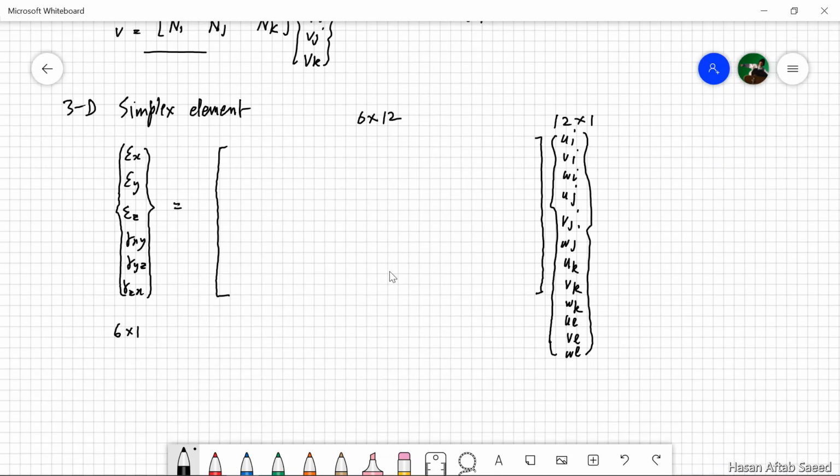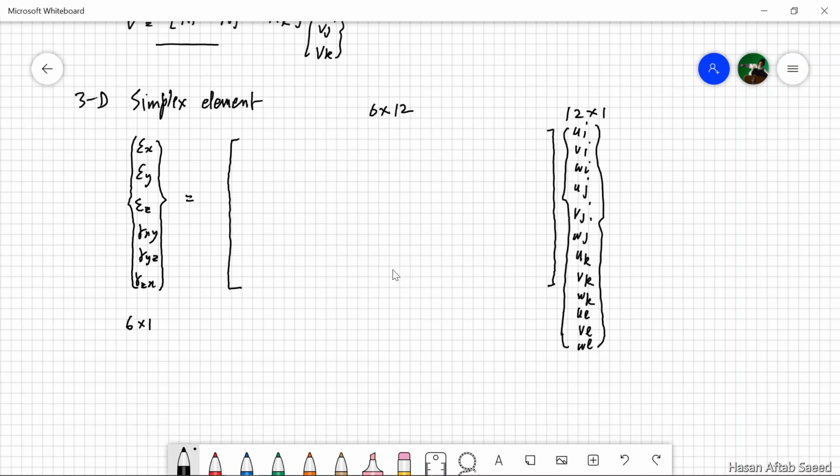So what are the values that the B matrix should take? It can easily be shown, like we did for a 2D case, that this takes the form 1 over 6v. We have bi 0 0, bj 0 0, bk 0 0, bl 0 0.